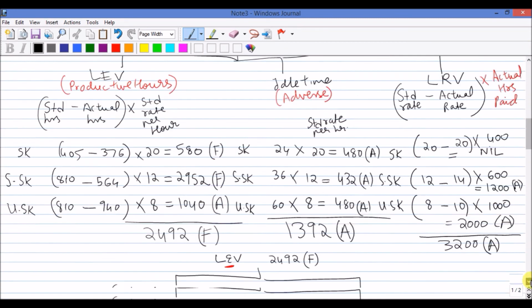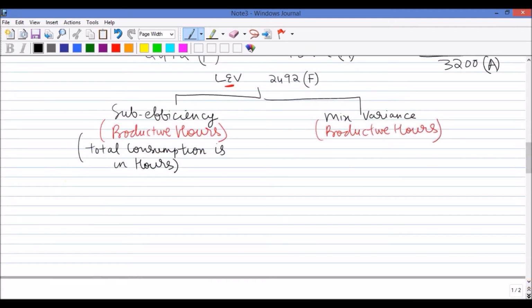So standard hours minus the actual hours, into the standard rate per hour.